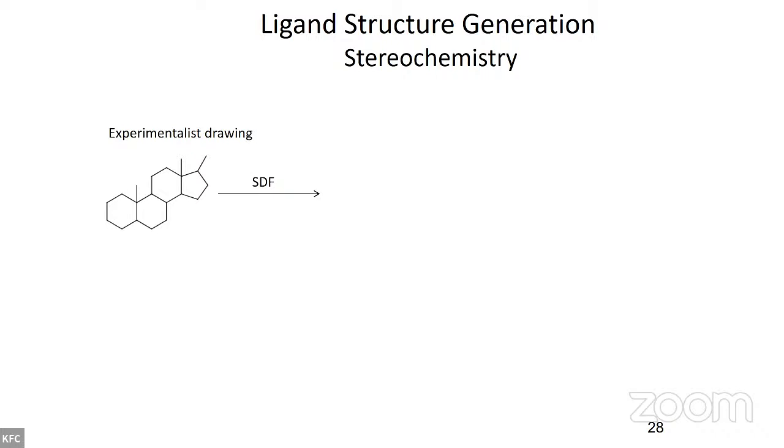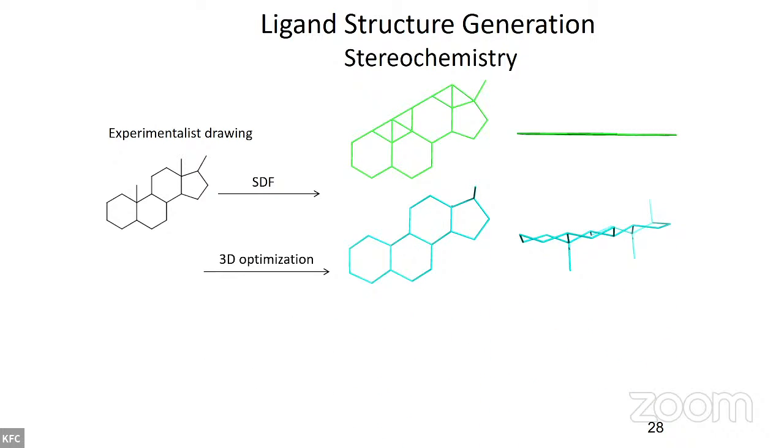They said, yeah, here it is. We opened it in PyMOL and it looked like this. Quite weird bondings, right? When you look at it from the side, you immediately realize it's actually a 2D structure, not 3D. Okay, so we ran the 3D optimization. You get a structure like that.